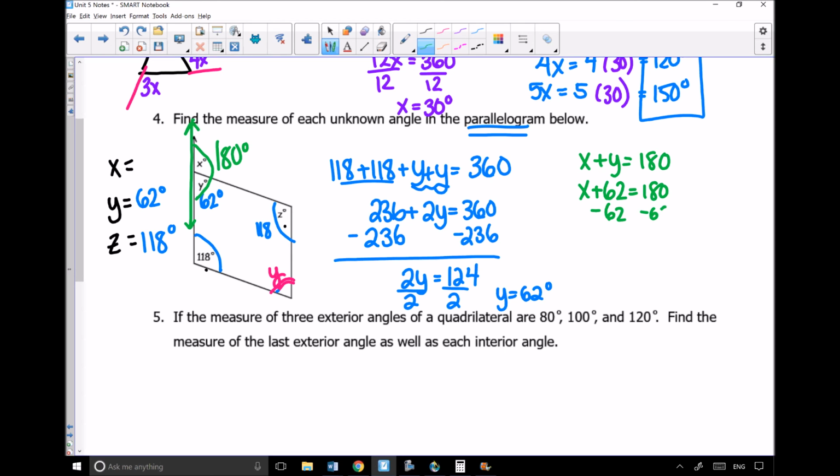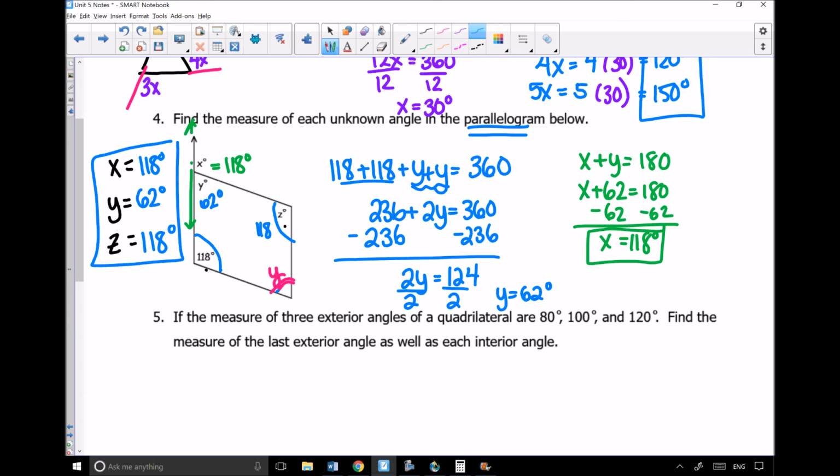Subtract 62 from both sides, and I end up getting x equals 118 degrees. So this right here should be 118 degrees. So angle x right here I know is 118 degrees. So therefore, I've gotten all of my answers right here, and I'm okay to go for this question, okay?